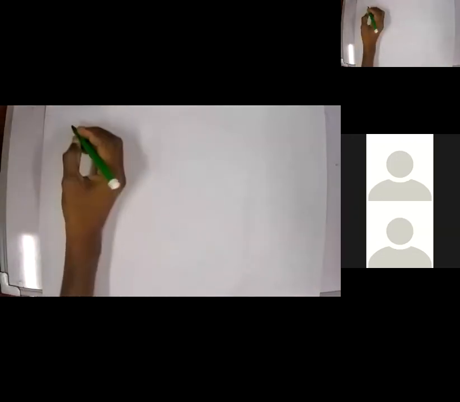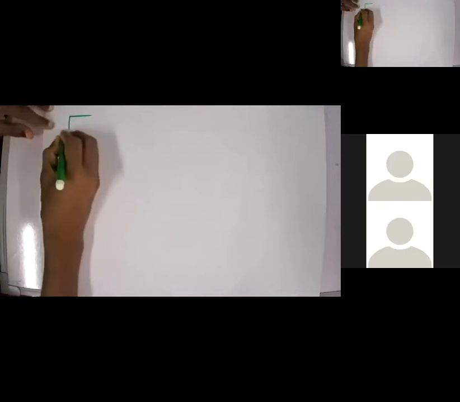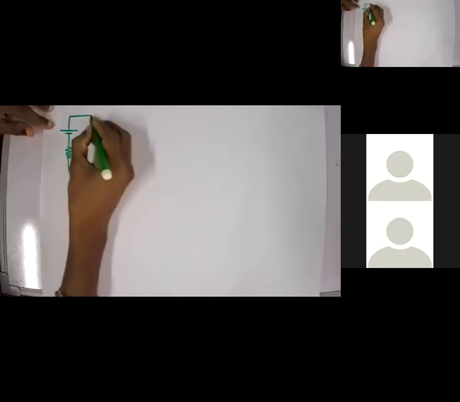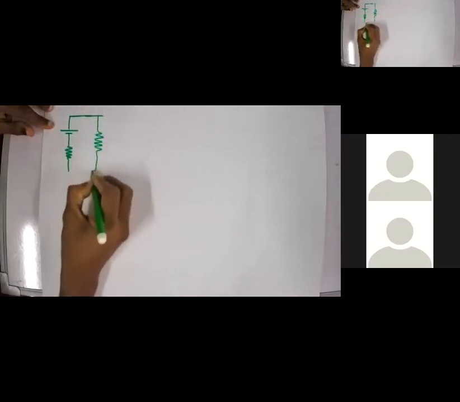Okay, I'll draw another circuit which is simple, otherwise it will be difficult to consider this circuit. I'll make it simple. I have a resistor here.